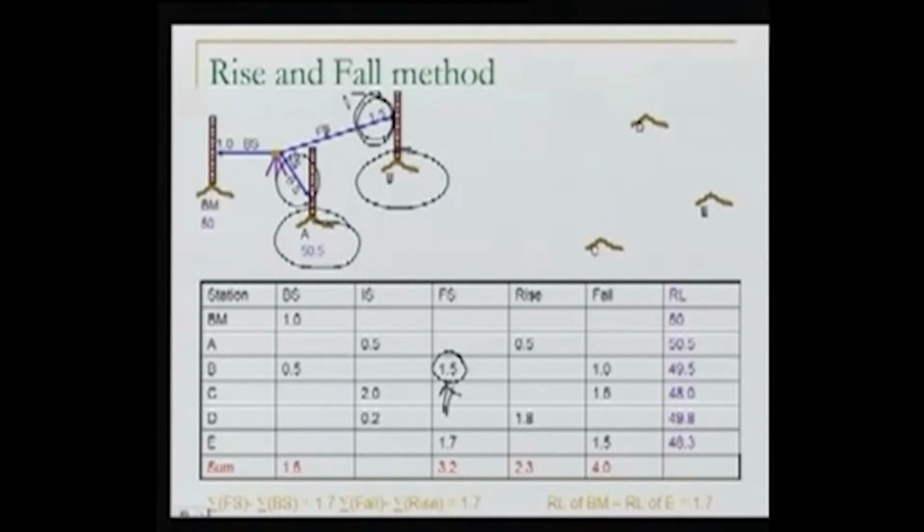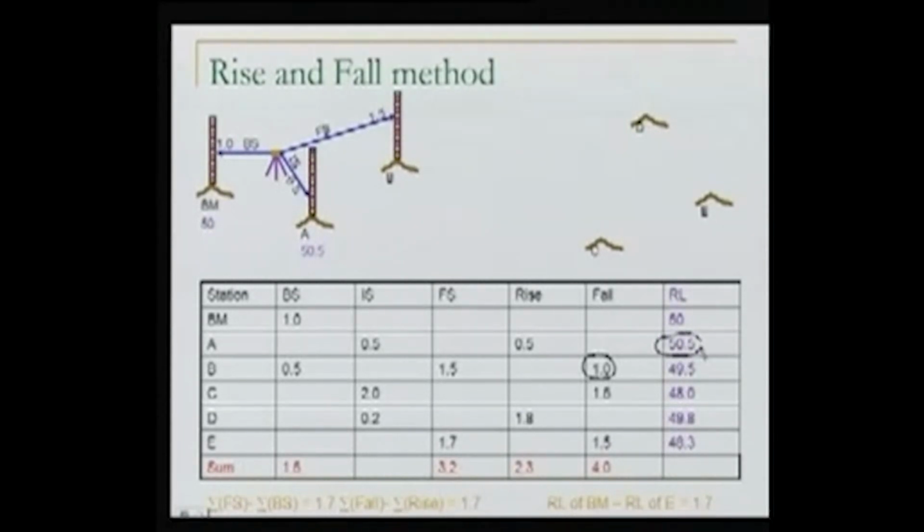You can very well say that B is falling down by 1 meter from A, because B is 1.5 meter, A is 0.5 meter. So B is falling down. Okay, so we write a fall at B of this value. So from the RL of A, I can subtract this fall so that I know the RL of B now. Well, let us do it. RL of B is computed.